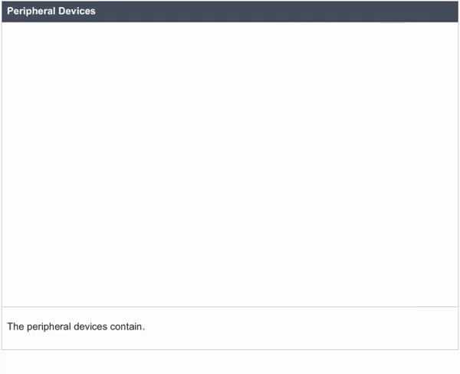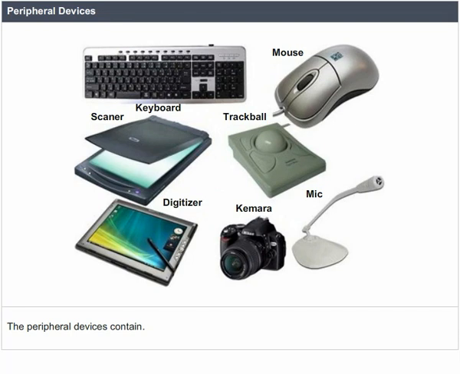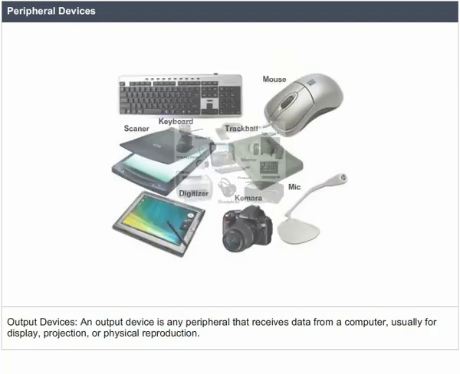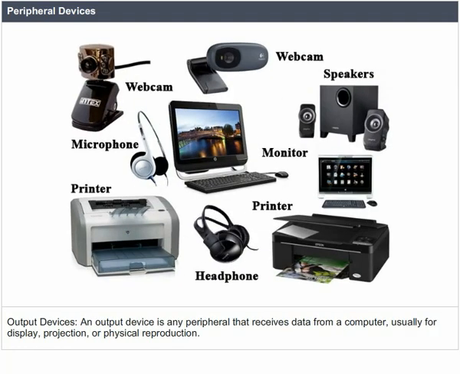Peripheral devices. The peripheral devices contain input devices. An input device is any hardware device that sends data to a computer, allowing you to interact with and control the computer. Output devices. An output device is any peripheral that receives data from a computer, usually for display, projection, or physical reproduction.